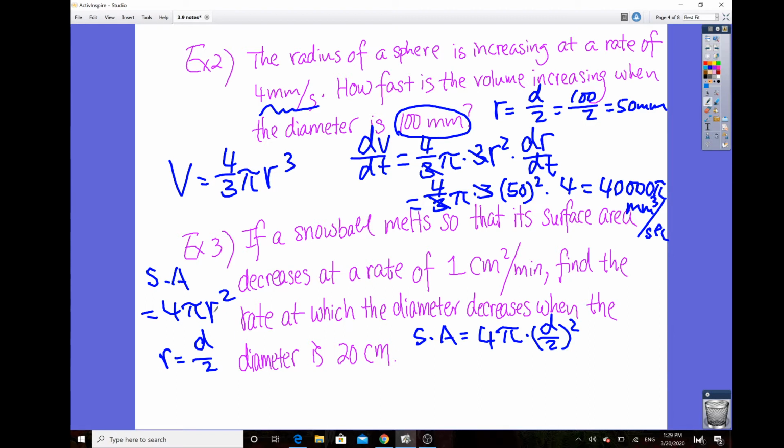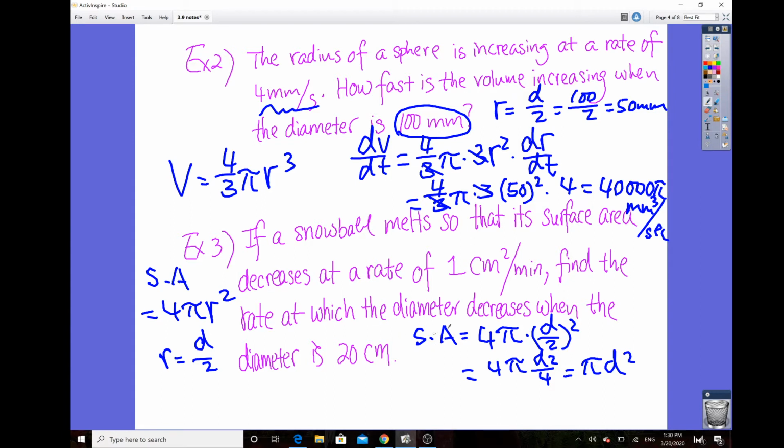I just replaced the radius by d over 2. So we got 4 pi times d squared over 4. In other words, this can be written as pi d squared, and that's the surface area of a sphere.